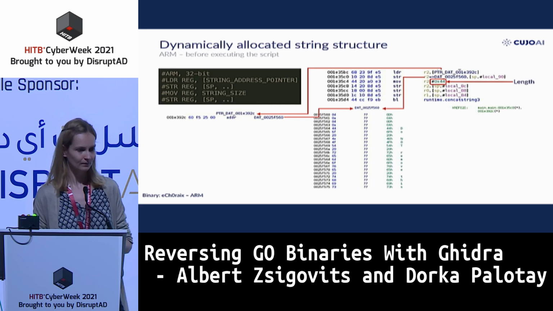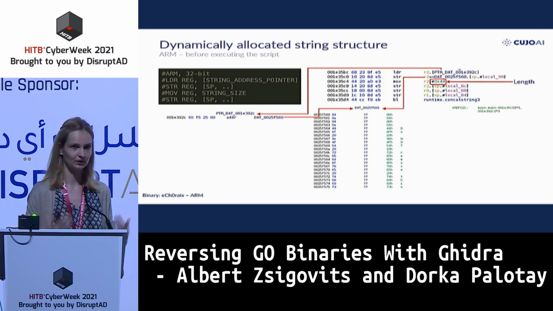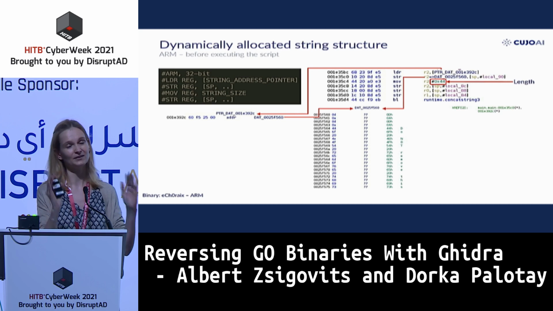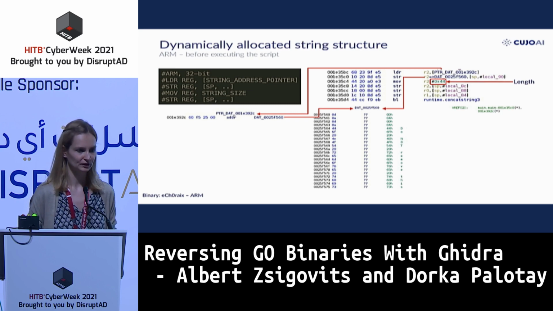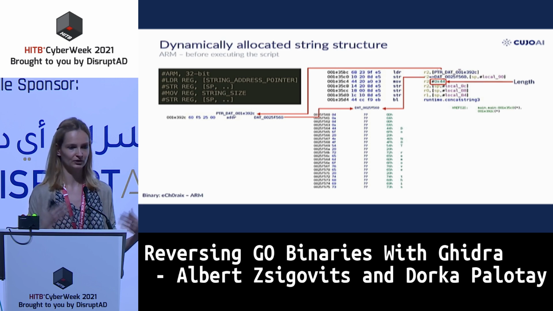Let's move to the ARM version. I will show 2 examples here as well. It looks very similar. First, there is one extra step, because there is a string address pointer which is moved to the register. But then it will also move to the stack along with the string size.